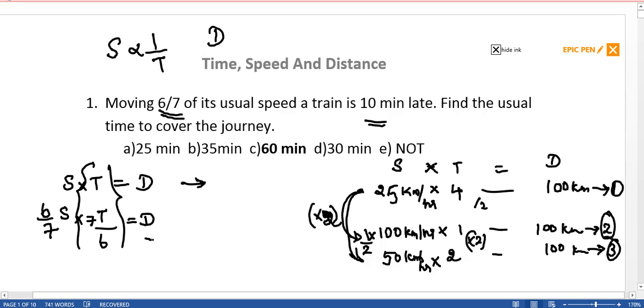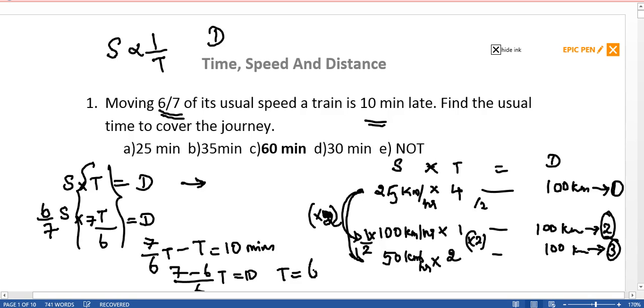So 7 by 6t minus t is equal to 10 minutes. So what is my t? This is 7 minus 6 by 6 t, which is equal to 10 minutes. So t is equal to 60 minutes.